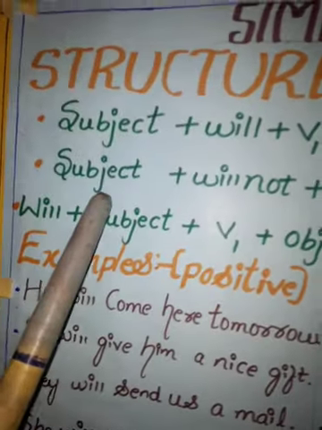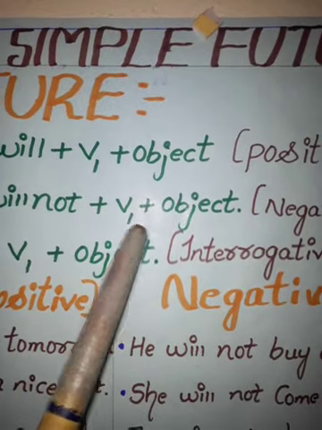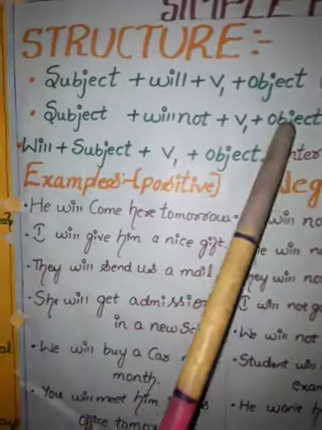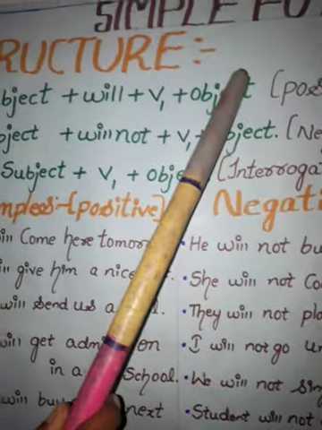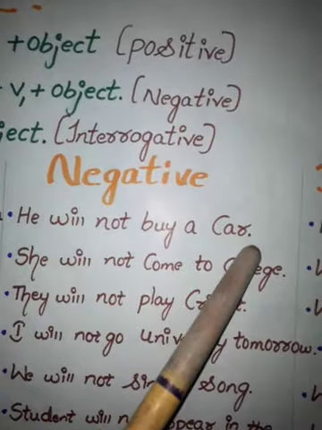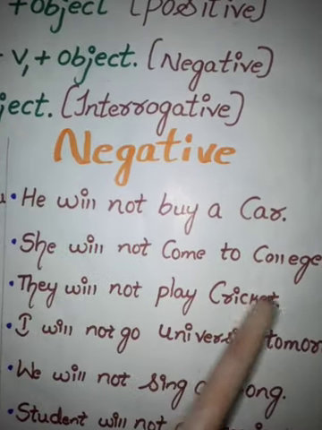Now, coming to the structure of a negative sentence. Subject plus will not plus V1 plus object. So, this is the structure of a negative sentence for future tense. Will not can also be written as won't. He will not buy a car. She will not come to college. They will not play cricket.